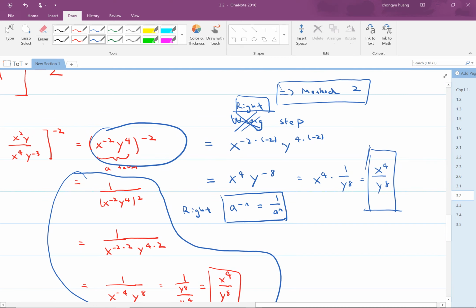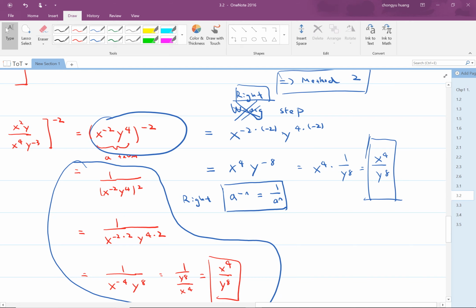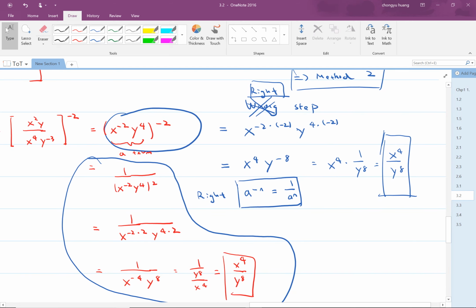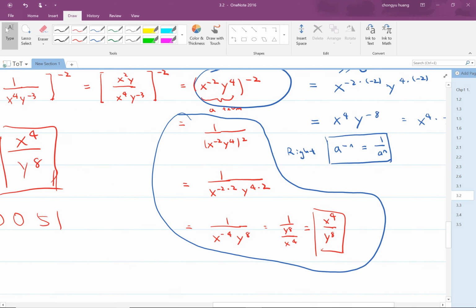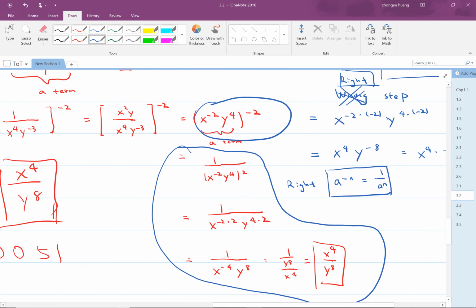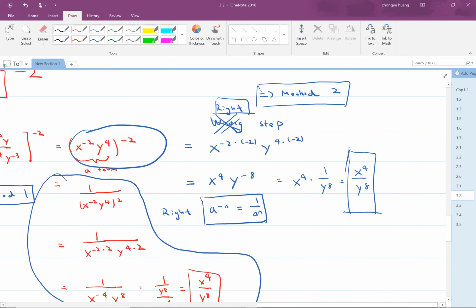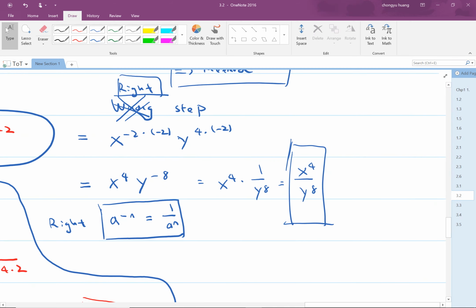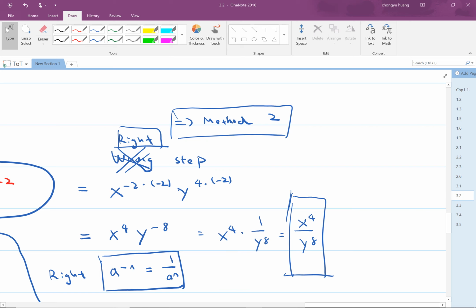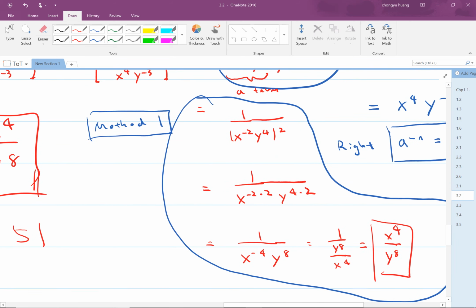So over here is method 1, and what we got is x to the power 4 over y to the power 8, right? And the answer for method 2 is also x to the power 4 over y to the power 8.